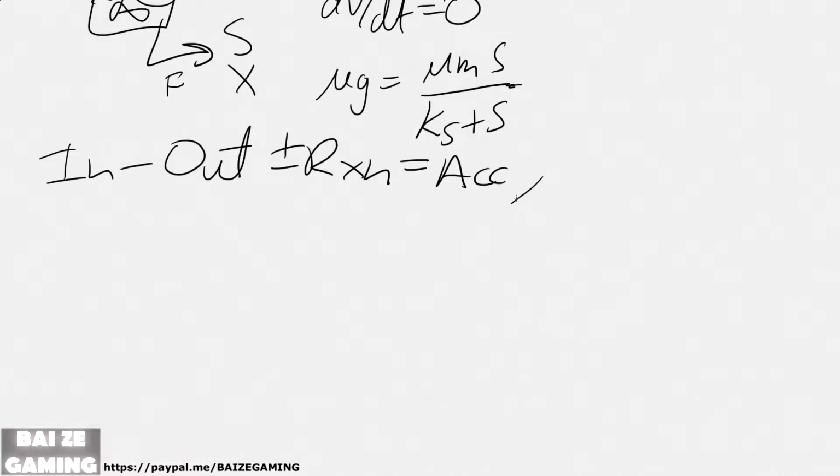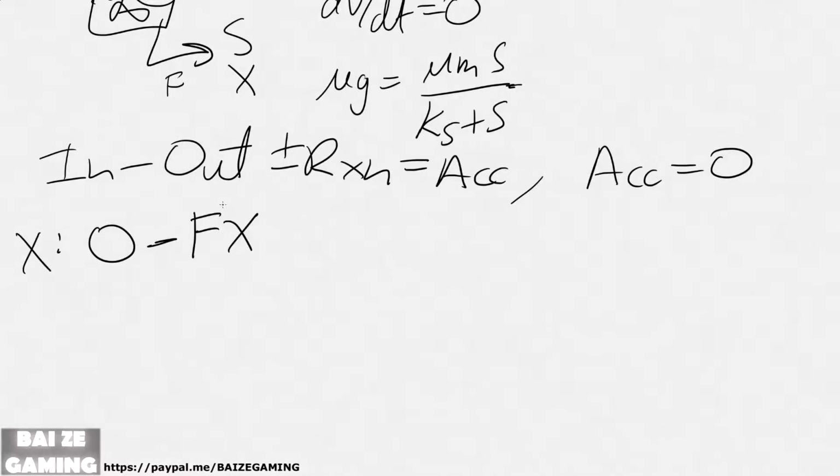But accumulation equals 0 since this is kind of like a CSTR. And let's do it for X. And what we usually do is put it in terms of moles per liter, and to do that we multiply the feed, the volumetric flow rate, by X, which is concentration, and by multiplying that you get moles per liter.